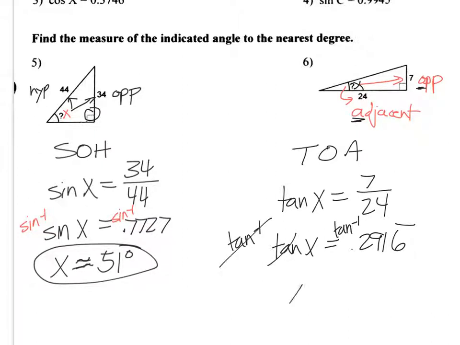So I go on the calculator and press second, tangent button, 0.2916, and I get approximately 16.26, that'd be approximately 16 degrees. So that's application of the trig functions using it in terms of geometry.